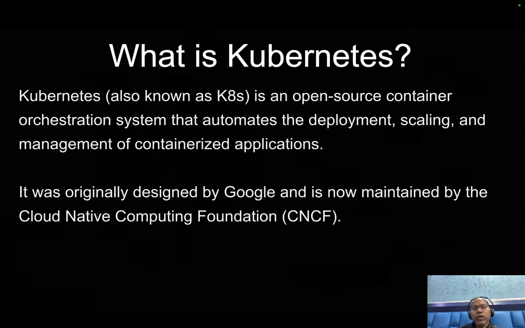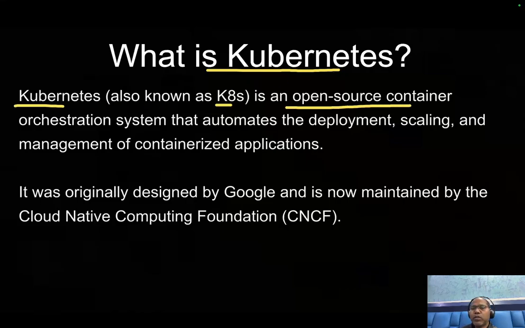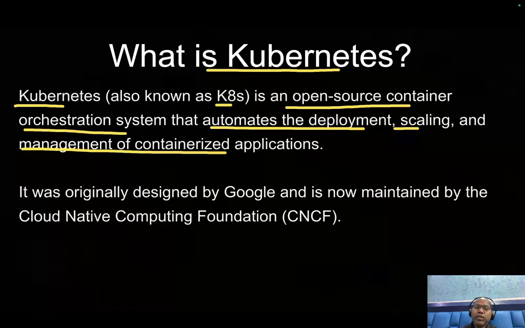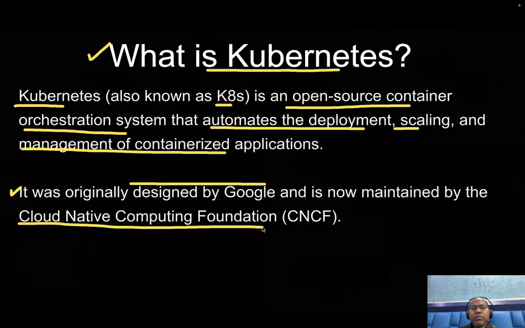So let's talk a little bit about what Kubernetes is. Kubernetes, sometimes called K8s, is an open source container orchestration system that automates the deployment, scaling, and management of containerized applications. Kubernetes was originally designed by Google itself, and now it is managed by the Cloud Native Computing Foundation, which maintains lots of open source projects that help us build cloud native applications.